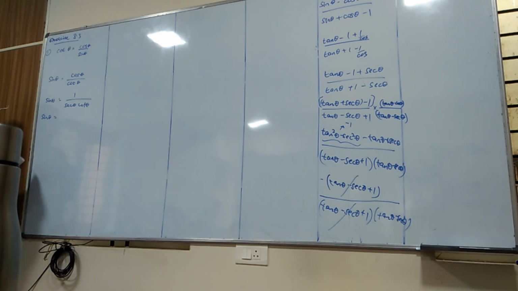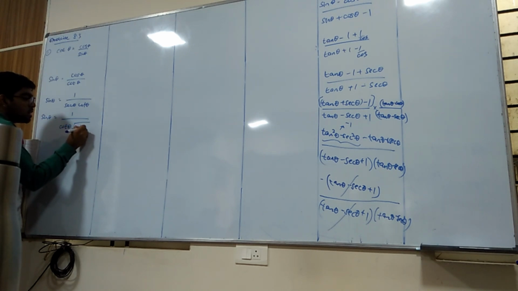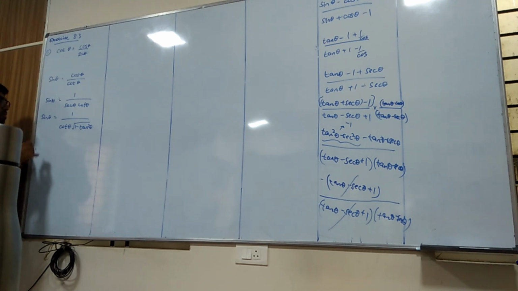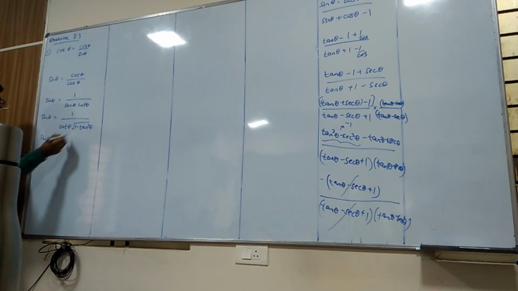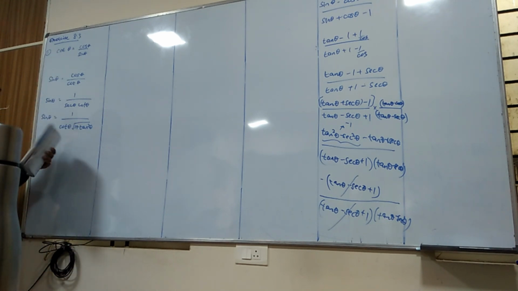Secant theta can be written in terms of tan: secant square theta is equal to 1 plus tan square theta, so secant theta will be root of 1 plus tan square theta.